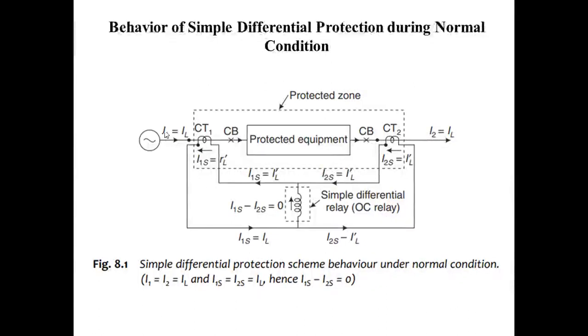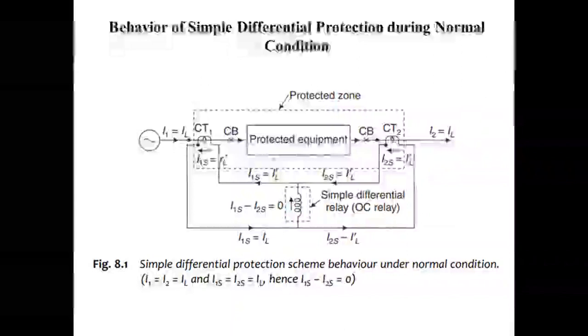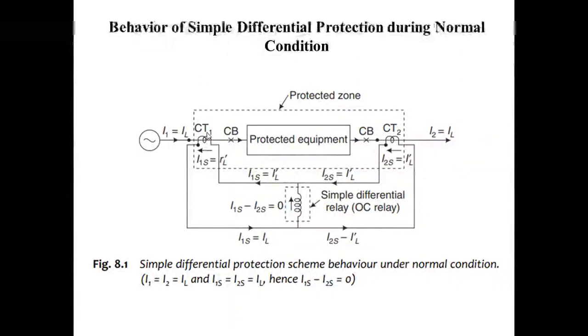This is your primary current: I1 is equal to the load current or line current IL, and I2 is equal to IL. So this is for CT1. The current directions are mentioned here through the overcurrent relay, and the condition is that I1S minus I2S is equal to 0.